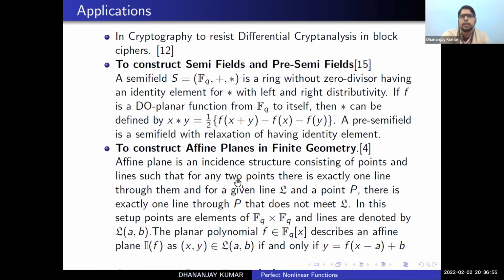An affine plane is an incidence structure consisting of points and lines such that for any two points there is exactly one line through them, and for a given line L and a point P there is exactly one line through P that does not meet L. In our setup, points are the elements of F_q + F_q, and lines are denoted as L_{a,b}, and if f is a planar monomial, a planar function, then an affine plane can be obtained as follows: the point (x, y) is on line L_{a,b} if and only if y is equal to f(x - a) + b.